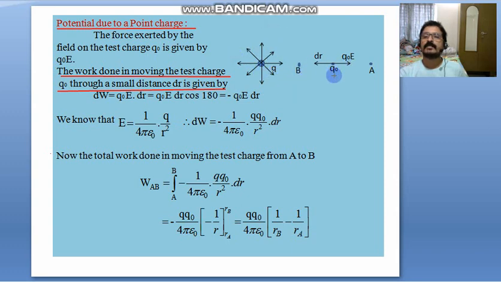Hence the force on this test charge is Q0 E. With that force we have to bring this charge in this direction, opposite to, against the force of repulsion.